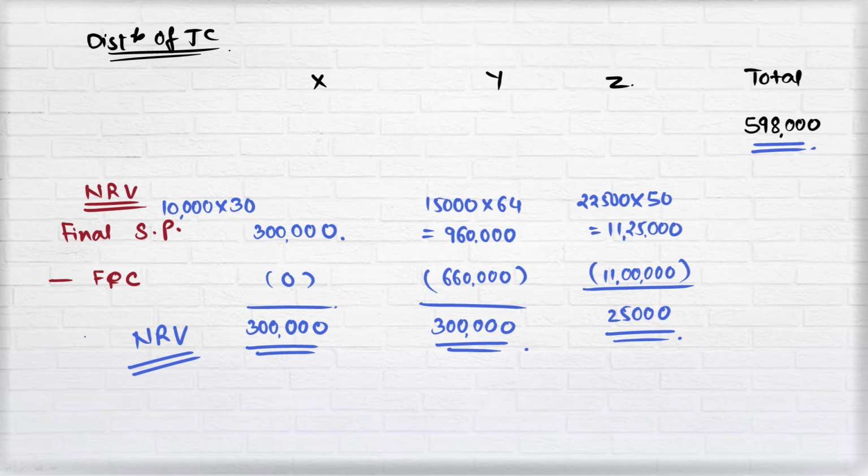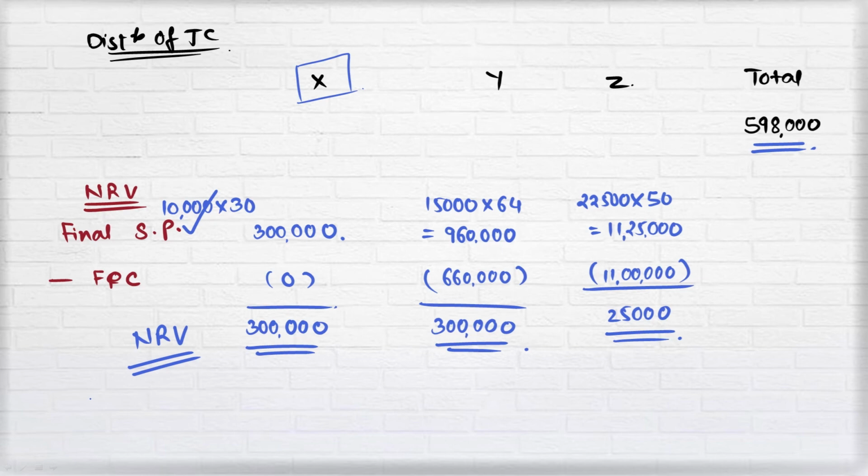But believe me, there is a problem in this. Why, I'll tell you. First, the problem of Department X. Department X is manufacturing how many units? 15,000. But you have found out NRV based upon how many units? 10,000. Because 5,000 units are in closing stock.